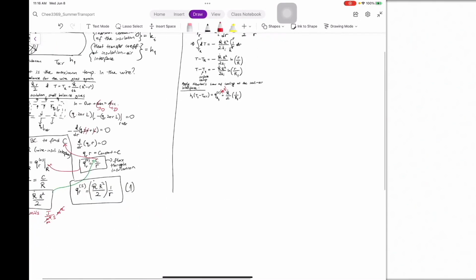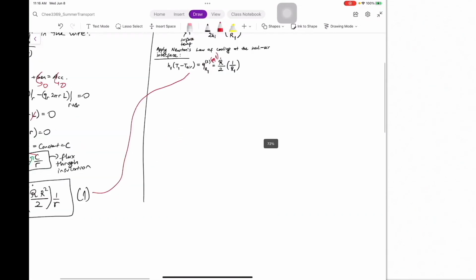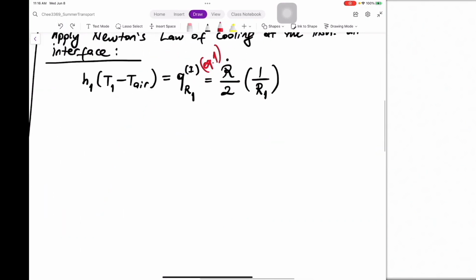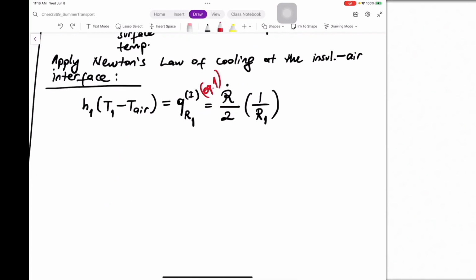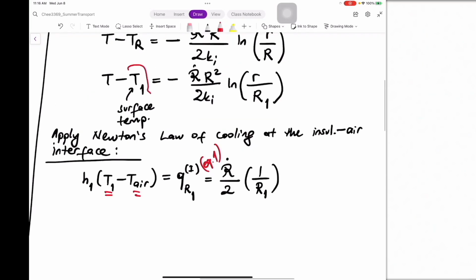I just use the equation one. Here, let me show you this equation one I used there. But I plugged in R is equal to capital R1. Okay, so this gives me a relation between T1 and T air. So instead of T1 here, I can use the air temperature. Okay, so let's solve for the T air. I'm sorry, T1.